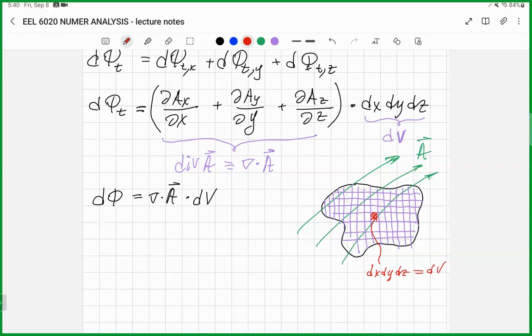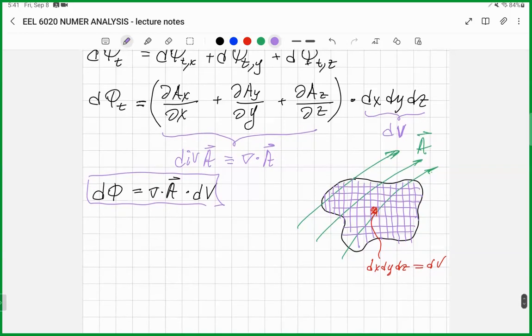And the flux through this particular element of volume is given by this formula. So in order to define this flux, instead of integrating it over the surface, you can calculate the divergence of that field and then multiply by the element of the volume, and that gives you the element of the flux.